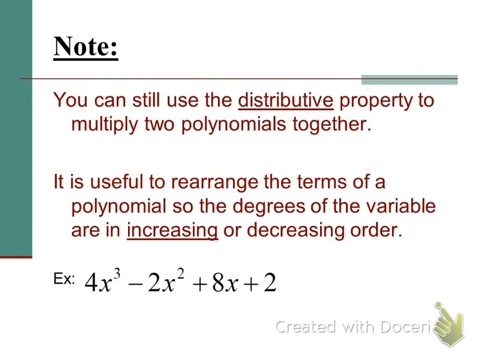All right, our notes for today are pretty short. It says you can still use the distributive property to multiply two polynomials together. It is useful to rearrange the terms of a polynomial so the degrees of the variable are in increasing or decreasing order.